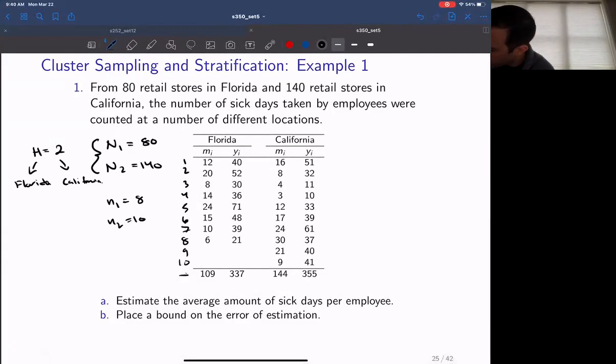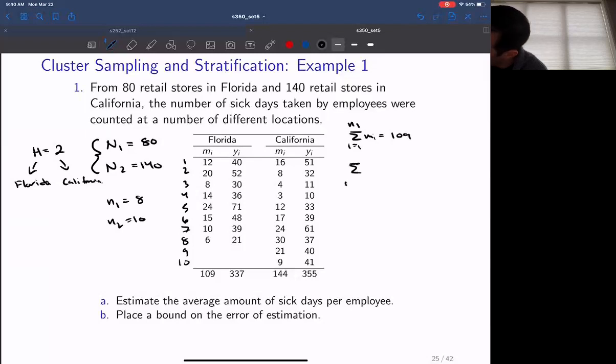So the sum from i equals 1 to little n1 of the mi is equal to 109.